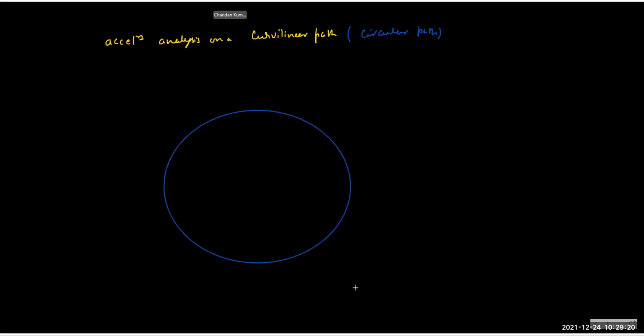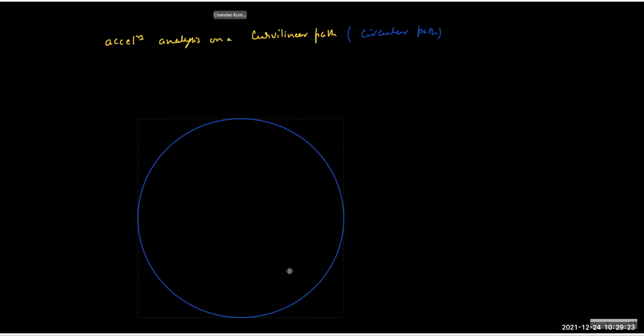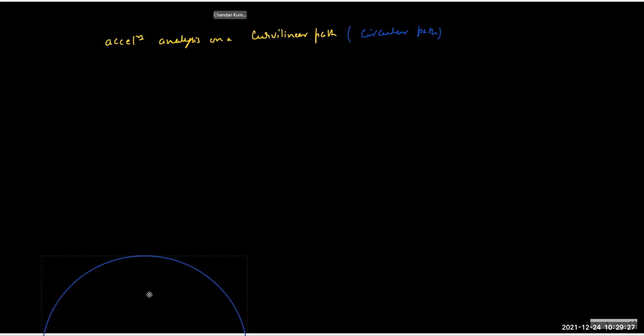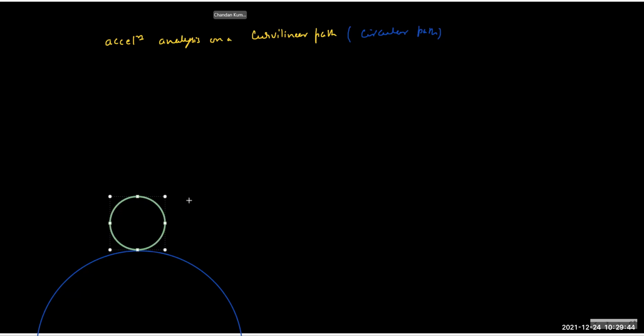Imagine if you have a fixed circular path. Now this is a curved track, and this body is performing pure rolling on this curved track.